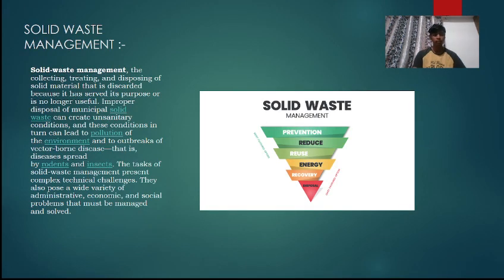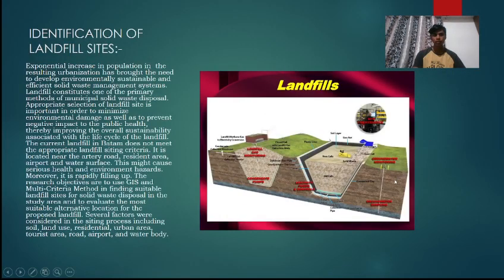Besides technical issues and complications, solid waste management also poses a wide variety of administrative, economic and social problems that must be solved. So solid waste management is prevention, reduction, reuse, energy recovery and disposal.